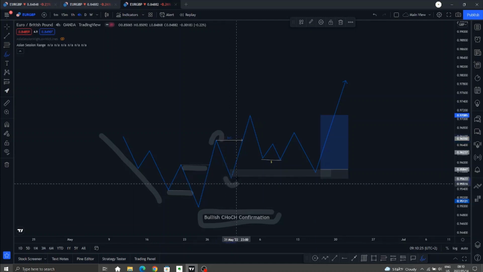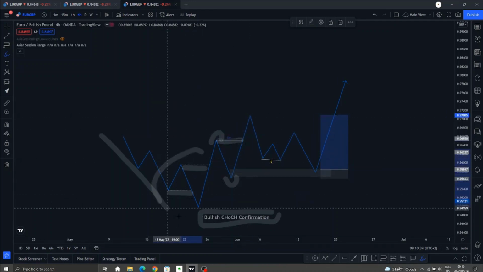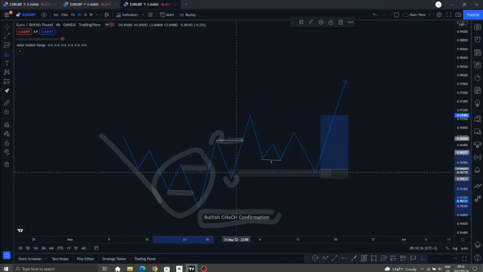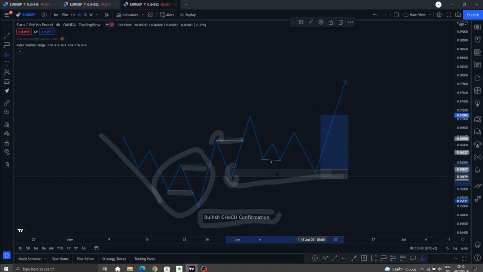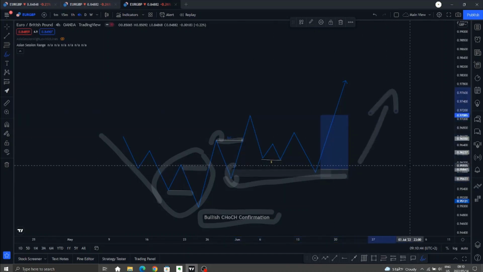You wait for an internal swing low to form. And then after this break of structure, we now know that this bullish change of character has been confirmed. And then we can, with confidence, look for demand zones, right? To look for potential bullish trades to the upside.